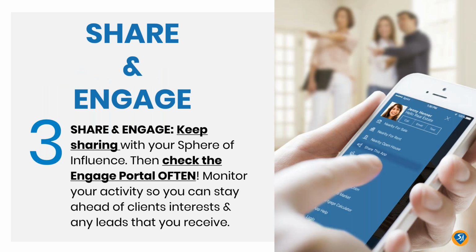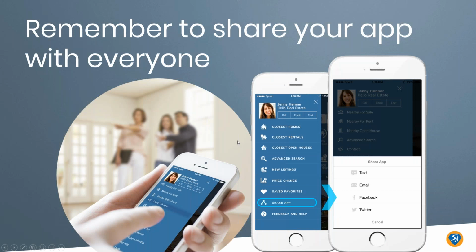And then step 3, I already gave this away earlier. There's no magic, right? You just need to share and engage. You just need to tell everybody about your app, share with everyone your app. Try to encourage them to create an account. Not everyone will, but we just keep doing it, and on it goes.